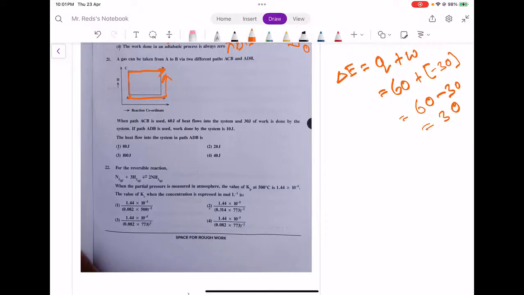Next, if path ADB, work done by the system is 10 joules, what is the heat flow? What is the heat flow for ADB? Heat flow for ADB is asked here.